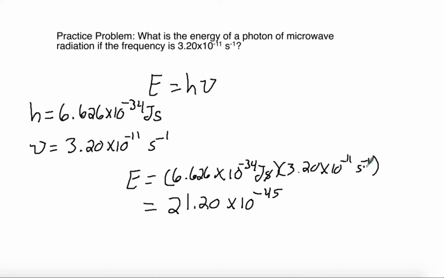Our seconds and inverse seconds cancel out, leaving joules. Joules is the unit for energy, so we know the unit checks out. It matches what we want. Now we just have to make a small adjustment because this is not in proper scientific notation. Moving the decimal place over, we get 2.120 times 10 to the negative 44 joules. So if we know the frequency of a photon, it's possible to find its energy.